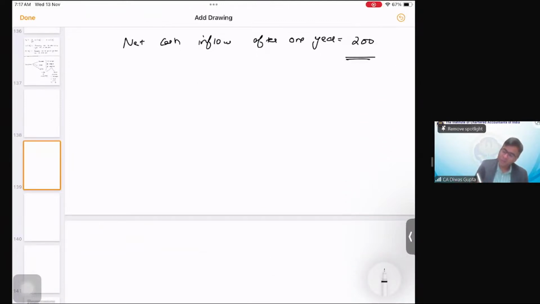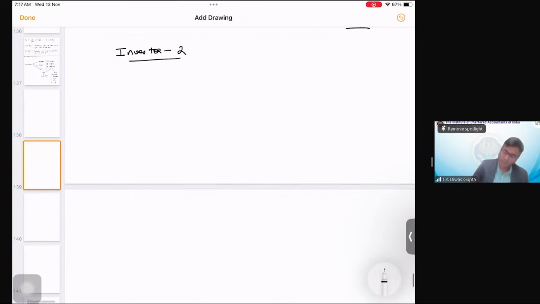Then for investor 2, students, we have a call option. What is the strike price? What is the market price?